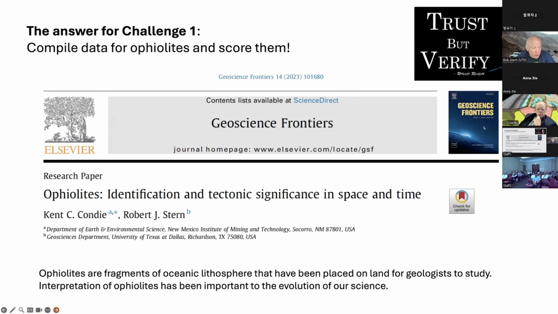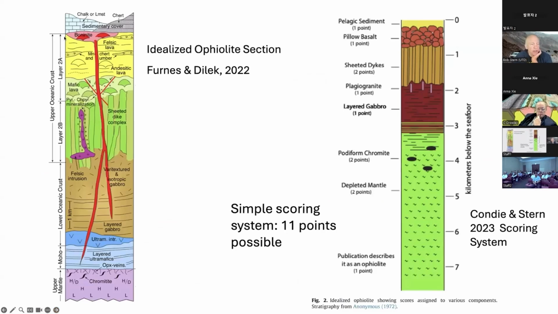I think this is free for download, in Geoscience Frontiers. So this is the idealized ophiolite of Furnes and Dilek, 2022. And this is our scoring system.